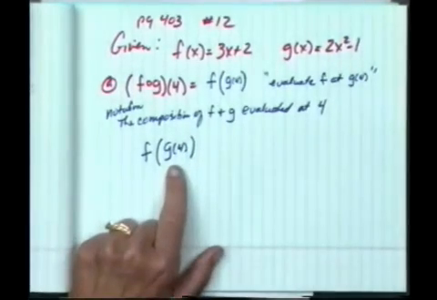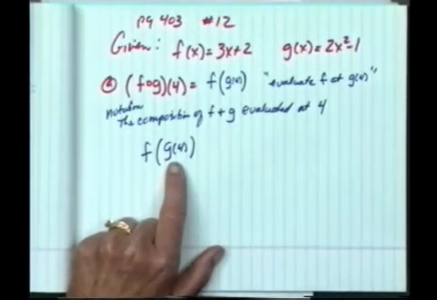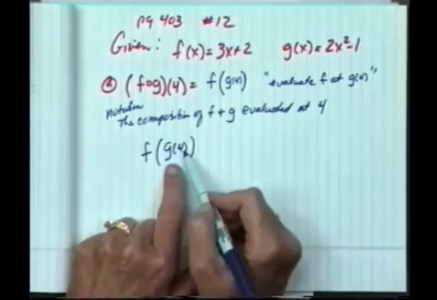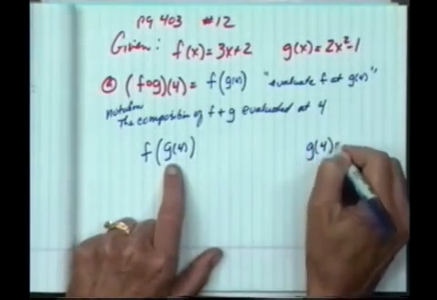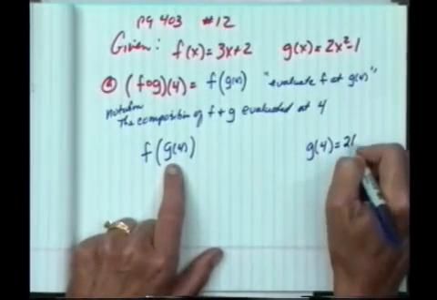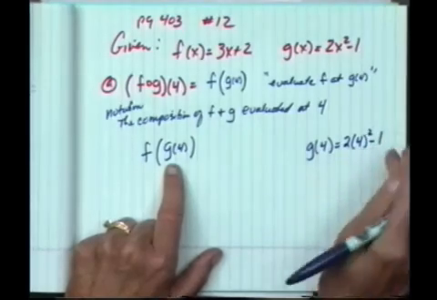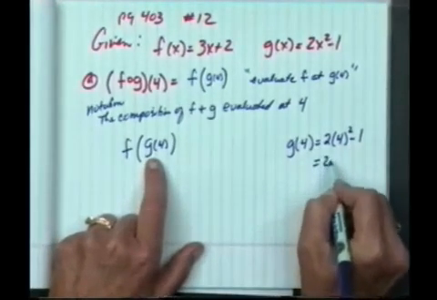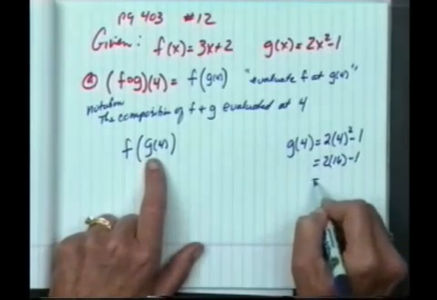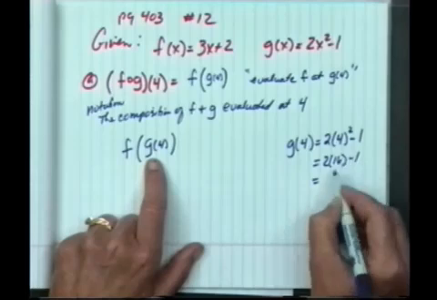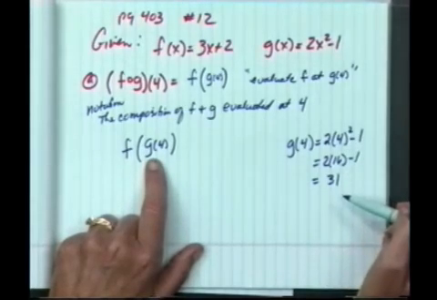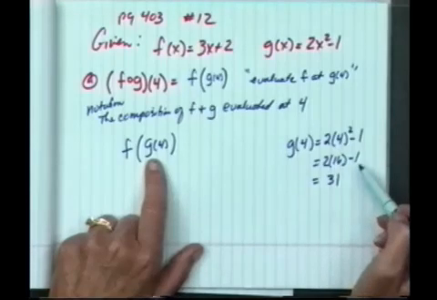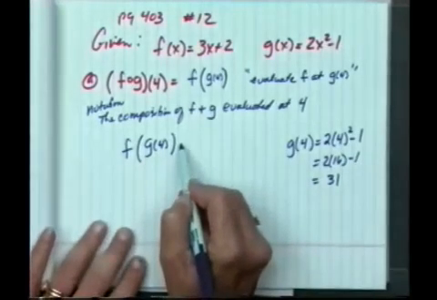Remember, we always work inside parentheses first. So the first thing we need to do is go over here and figure out g of 4. g of 4 equals 2 times 4 squared minus 1, or 2 times 16 minus 1. 32 minus 1 must be 31. So we're just making that substitution.